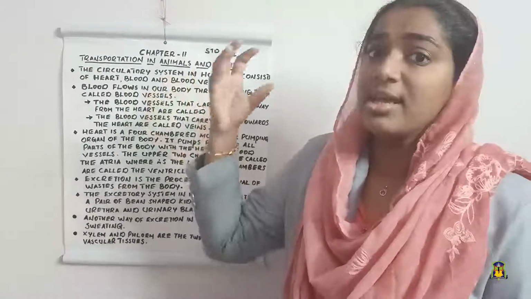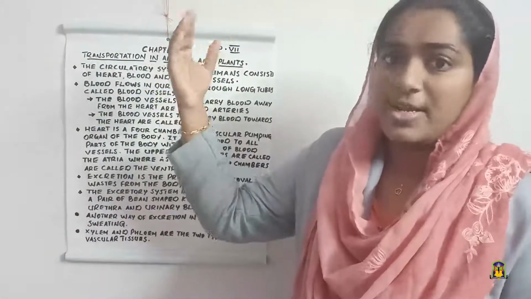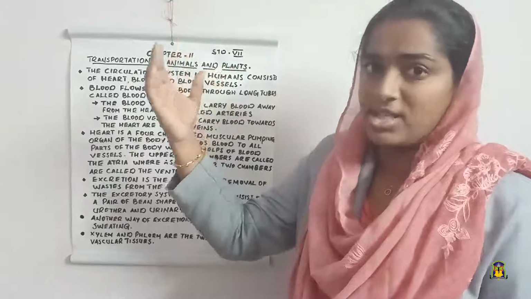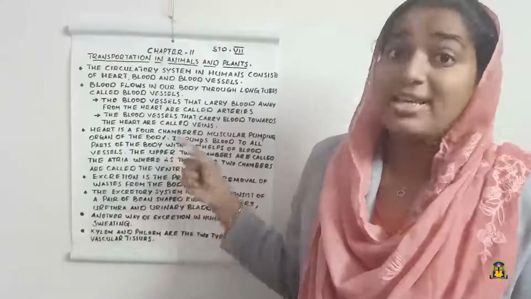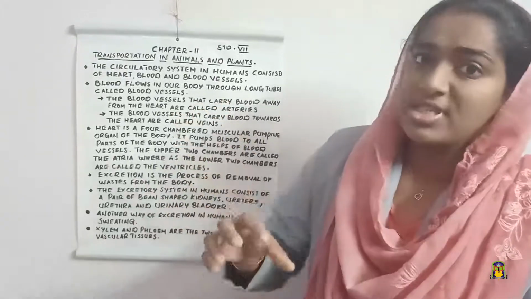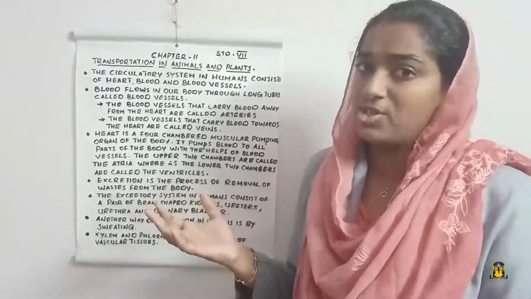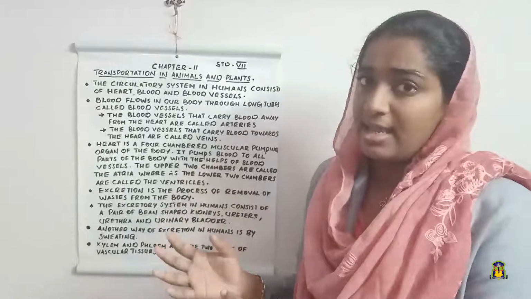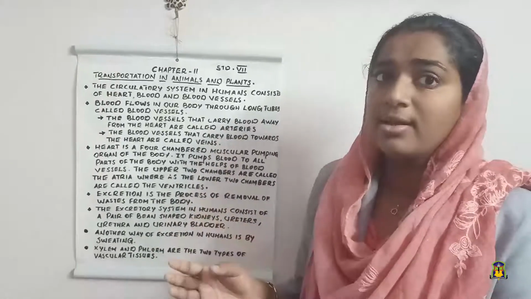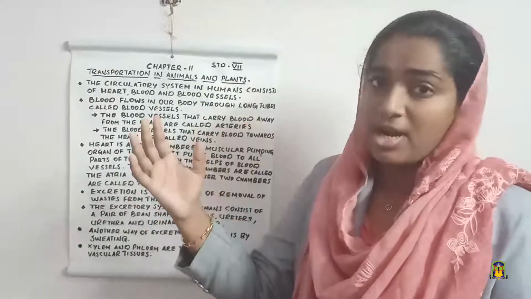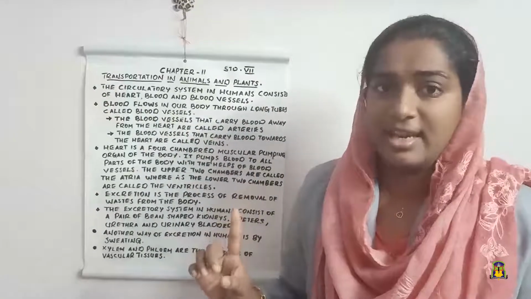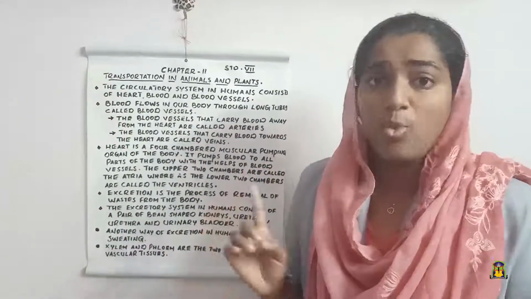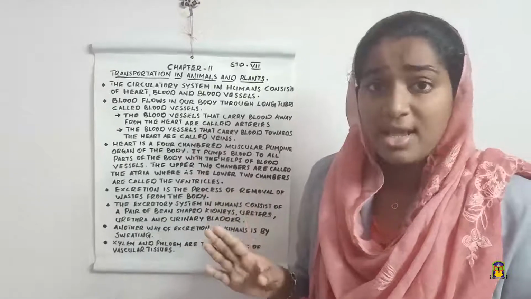Veins carry carbon dioxide rich blood from different organs of our body to the heart. Arteries carry oxygen rich blood from the heart to the different parts of our body, except the pulmonary artery and pulmonary vein. What is the function of the pulmonary artery?